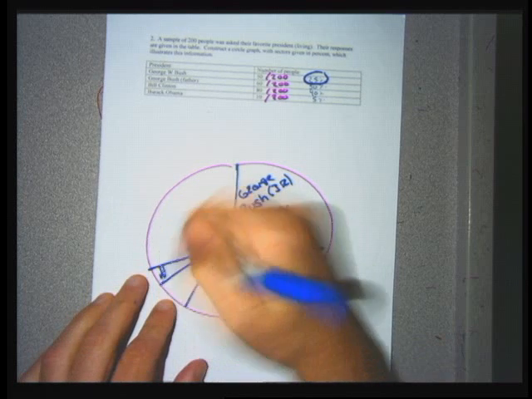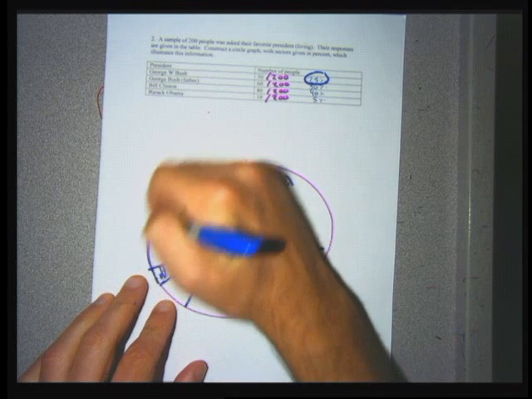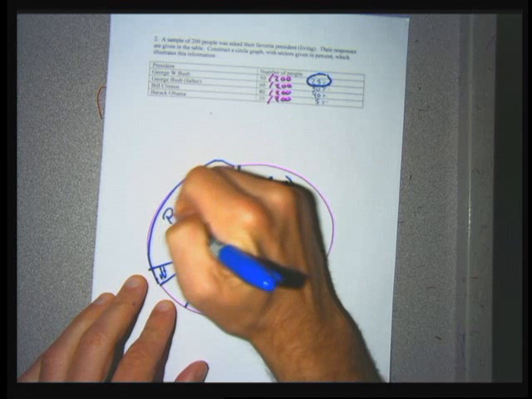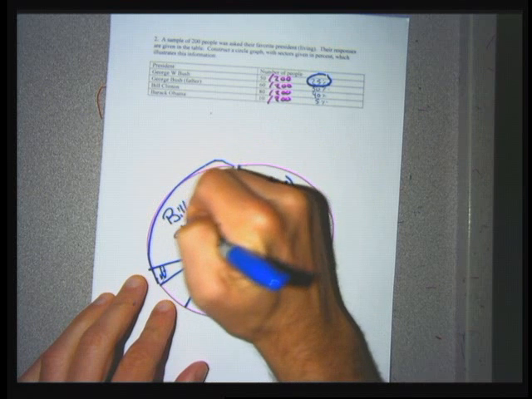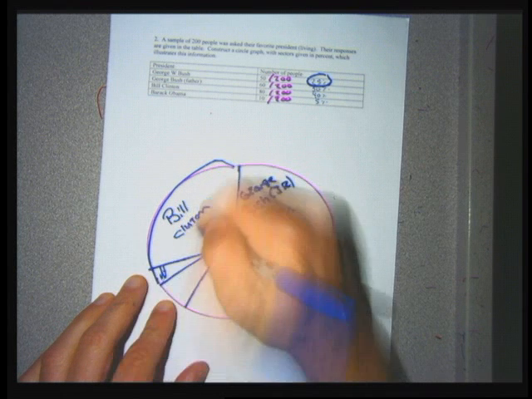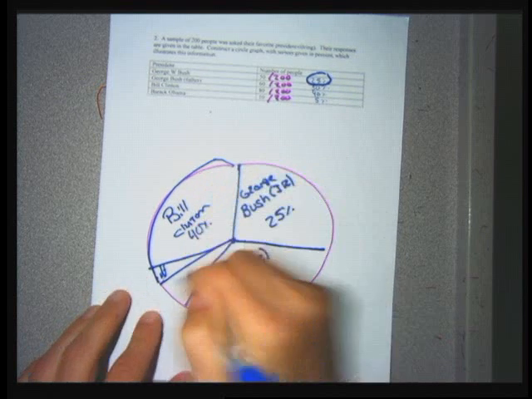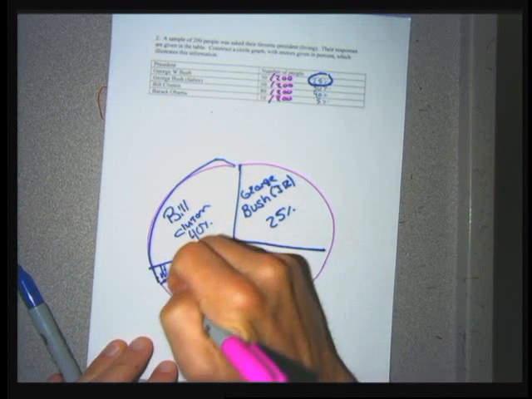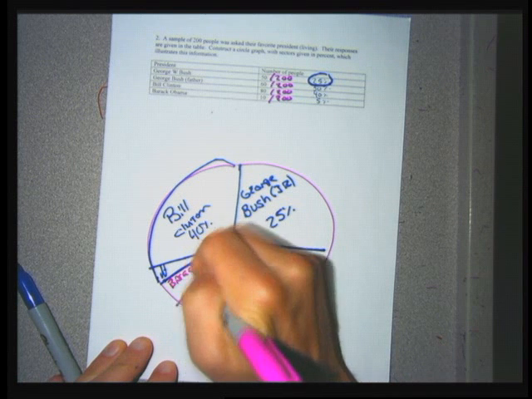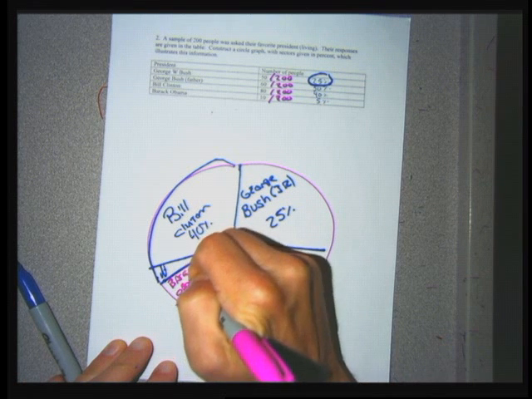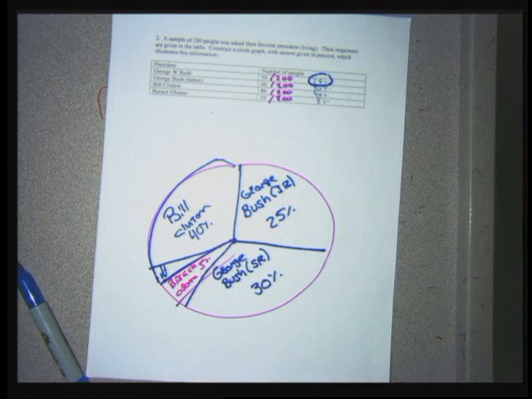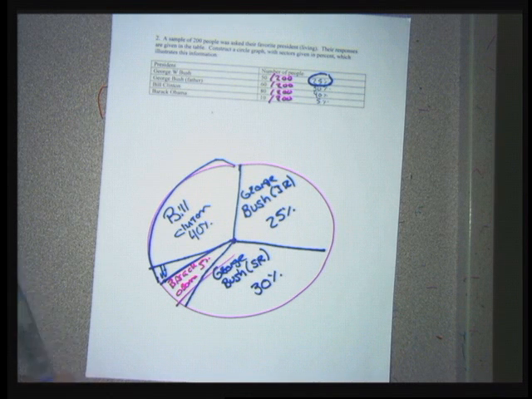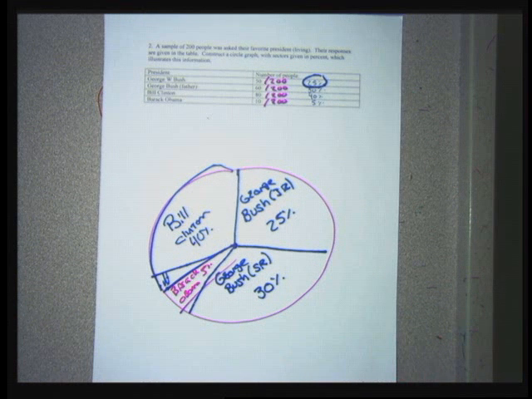So I'll call this whole region here Bill Clinton and make it 40%. In this little region here, I'll call it Barack Obama. We'll make it 5%. So anyways, that would be a reasonable pie chart for this situation here.